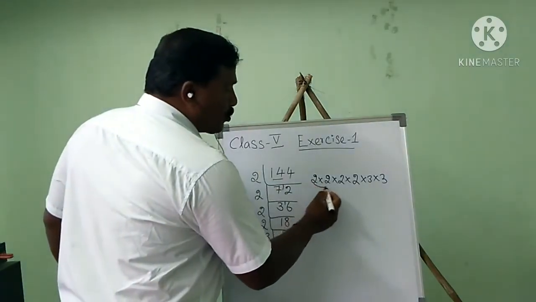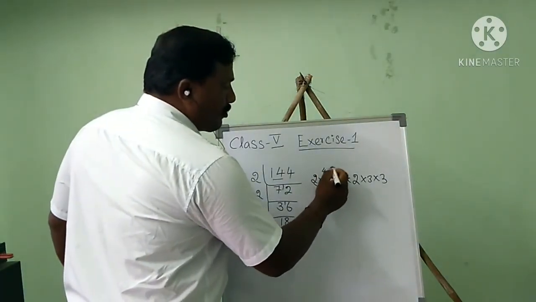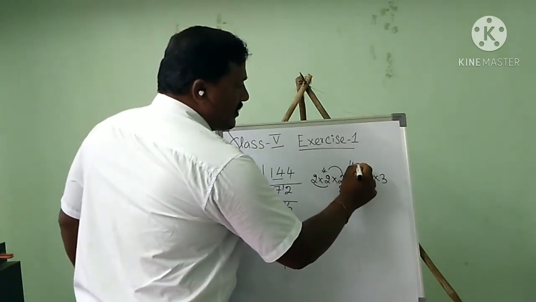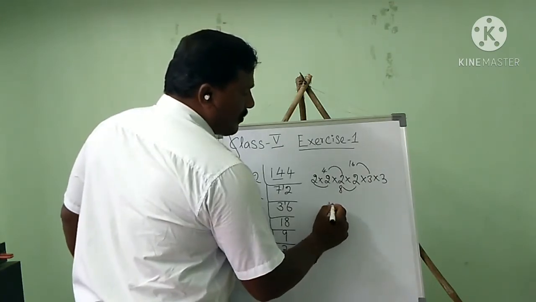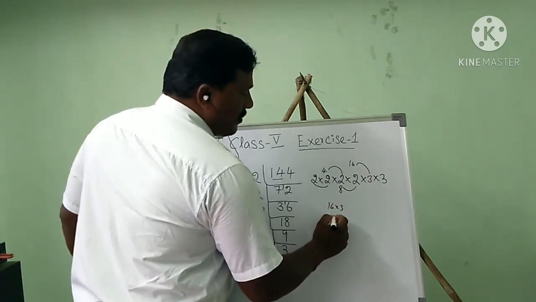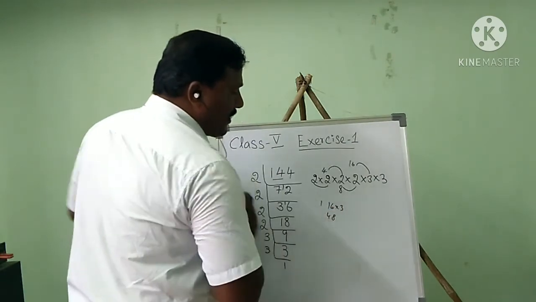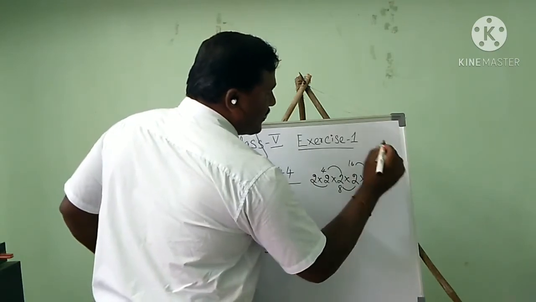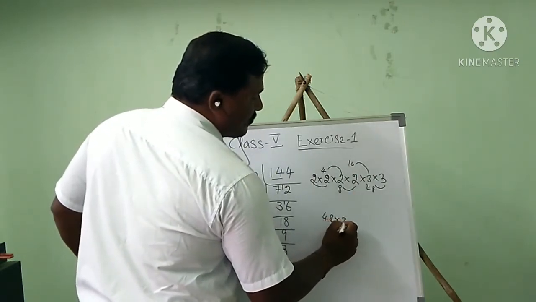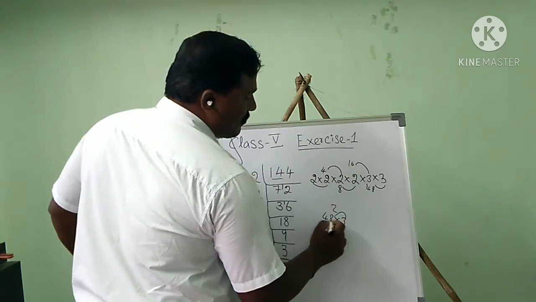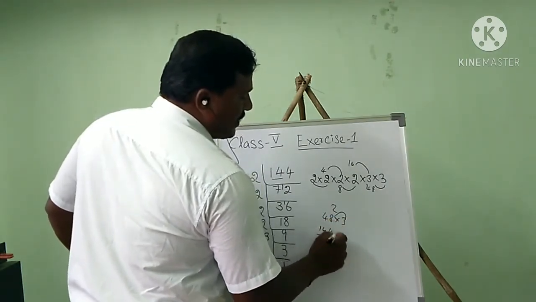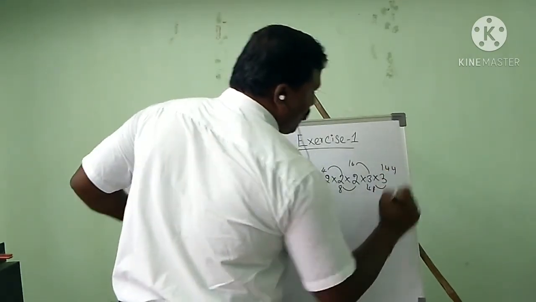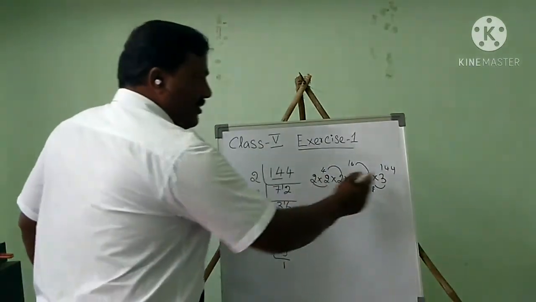So 2 2s are 4, 4 2s are 8, 8 2s are 16, 16 3s are 48. 48 into 3 is 144. So it's the same.